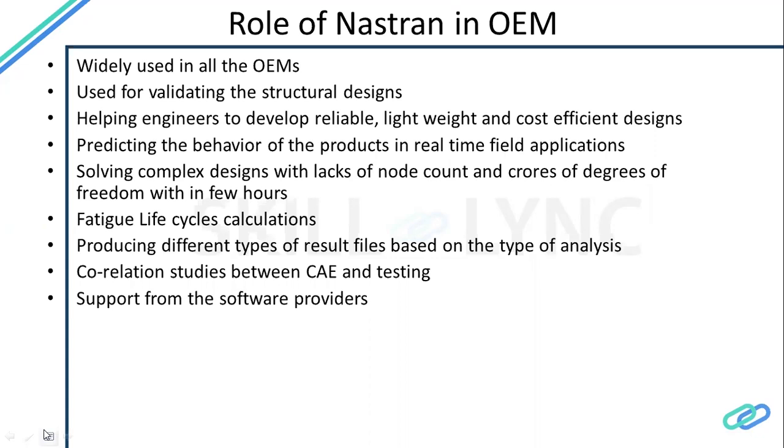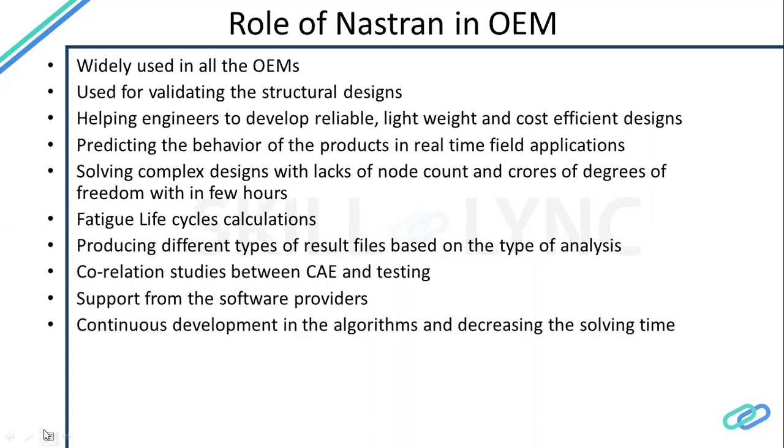There are different types of analysis which can be done by Nastran. There will be correlation studies. Correlation is nothing but physical testing versus CAE simulation. There will be a comparison between physical testing and CAE simulation. Whatever component is tested on the test desk, the same scenario is created in the software.